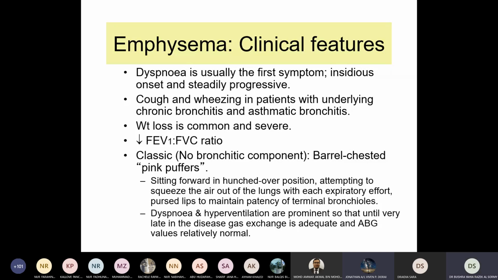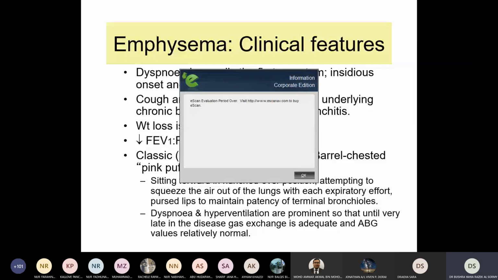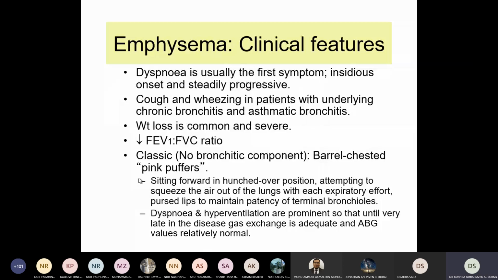Actually, in the patient with emphysema, the primary underlying cause is emphysema. I said emphysema is due to destruction of the distal airway wall, right? When there is destruction of the terminal bronchiole, it also includes destruction of the pulmonary capillary bed at the same time.